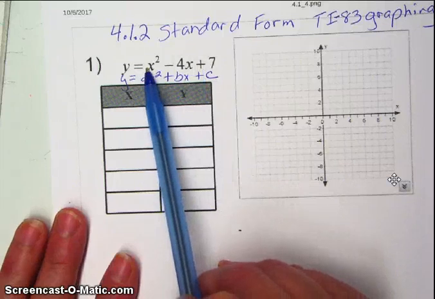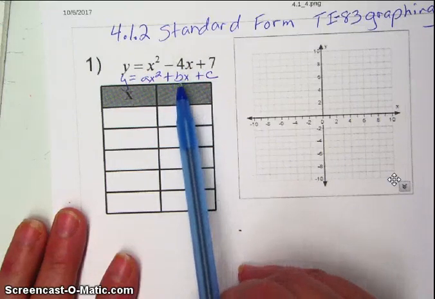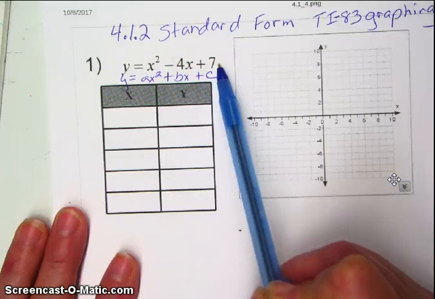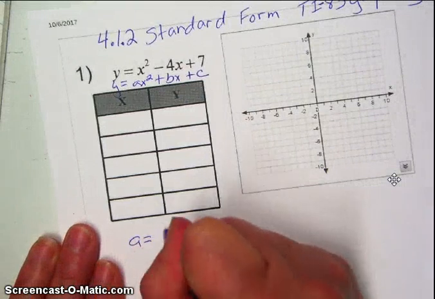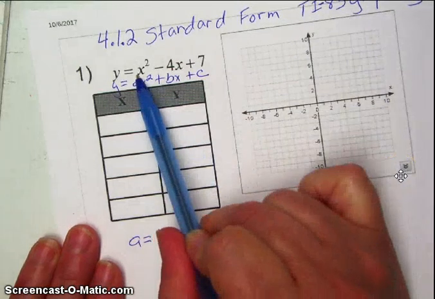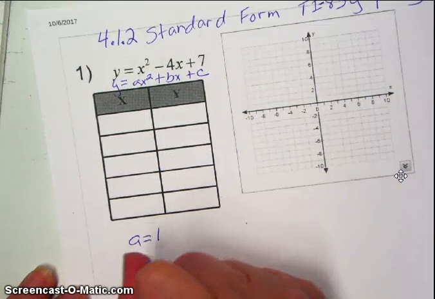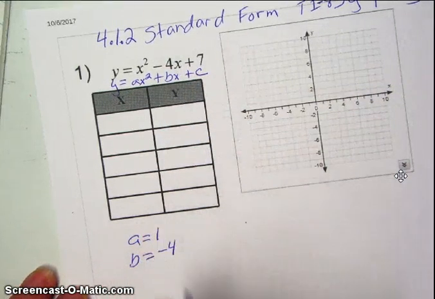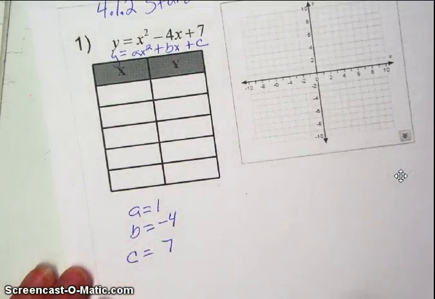A is the coefficient of the x squared term, B is the coefficient of the x term, and C is the constant term, the term that does not have an x. So in this problem, A equals 1. There's no number in front of x squared, so we assume it to be a 1. B equals the number in front of x, which is -4. And C equals 7.